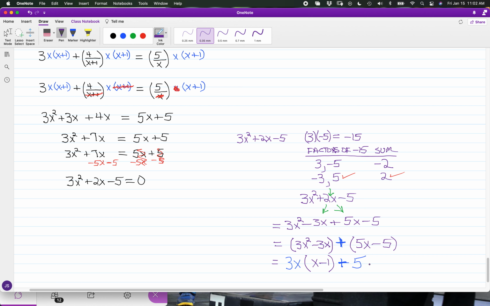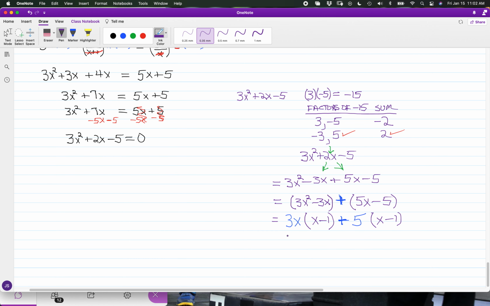And 5 goes into 5x minus 5, x minus 1 times. And so we have with the factors here, x minus 1 shared in common. And the other factor will arise from combining the outside terms and operation. And those outside terms being the respective greatest common factors and the addition that unites those terms.